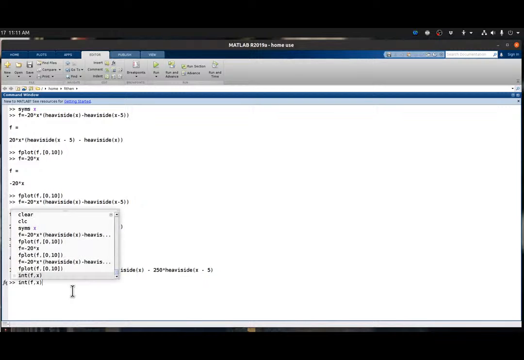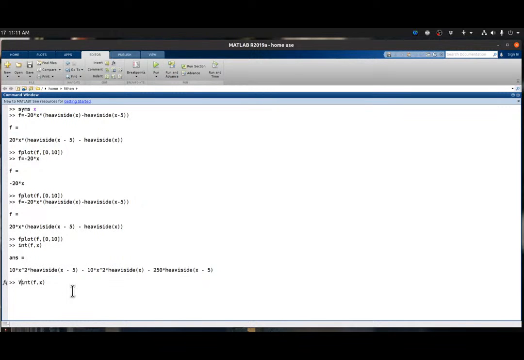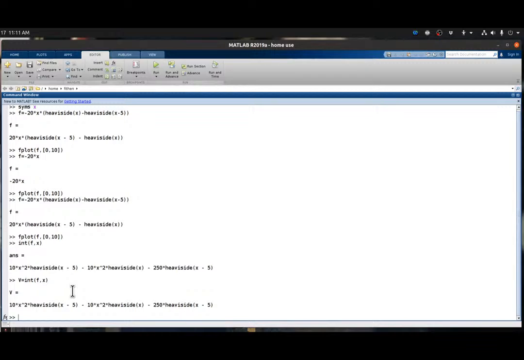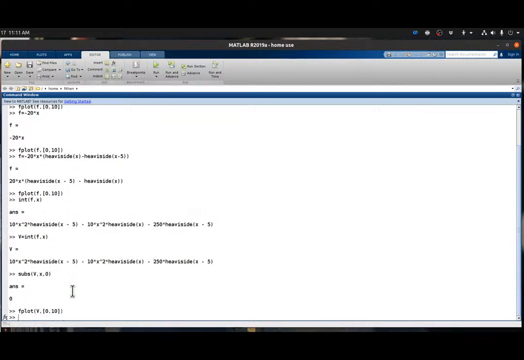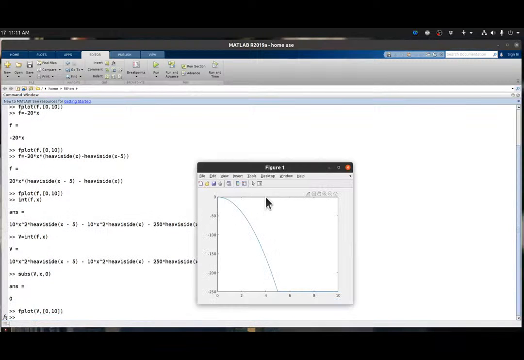So I did the integration, but I did not write the value v for the shear. So here's what I'm going to do. Substitute in v, we'll substitute in the value x, give me 0. Well, okay. So if I did an f plot of v from 0 to 10, I get a slight problem.